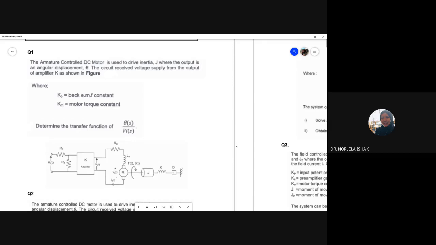From this example, KB is a back EMF constant, so you have to use the given constant from the equation when you derive it, and KM is a motor torque constant. From the system you have to determine the transfer function, angular displacement output, and VI is your input. Okay, this we done.